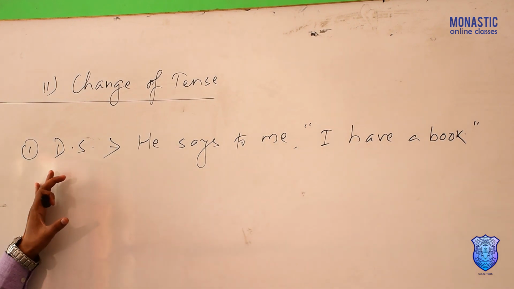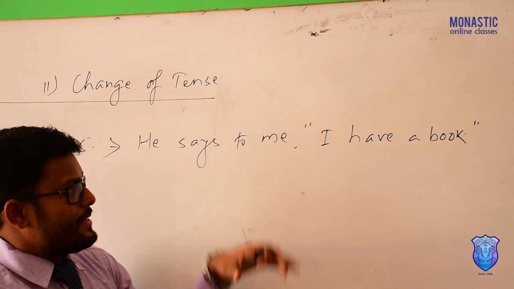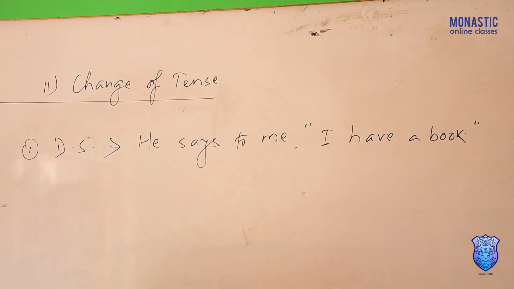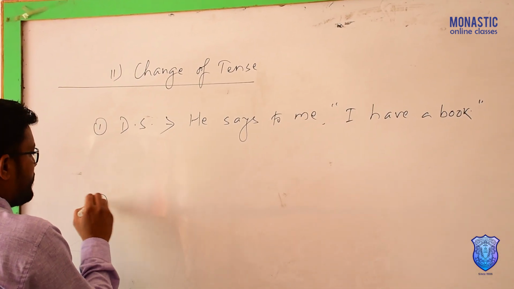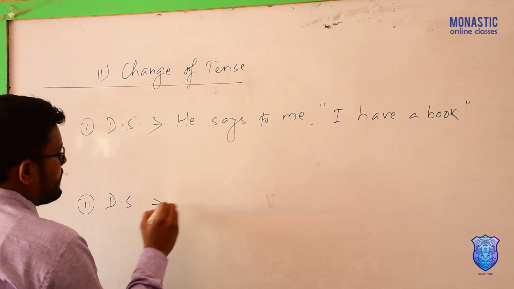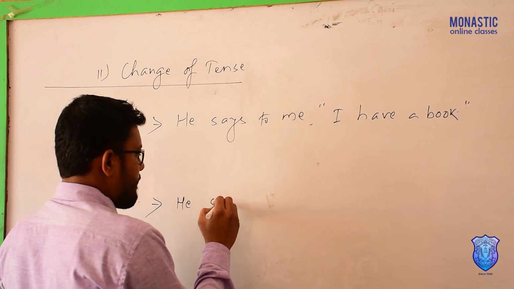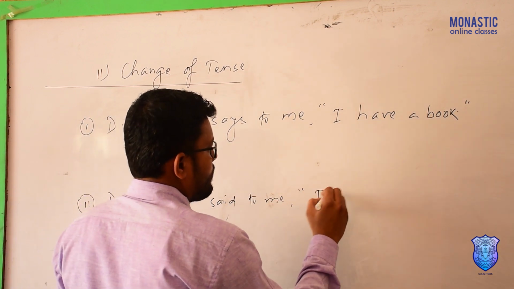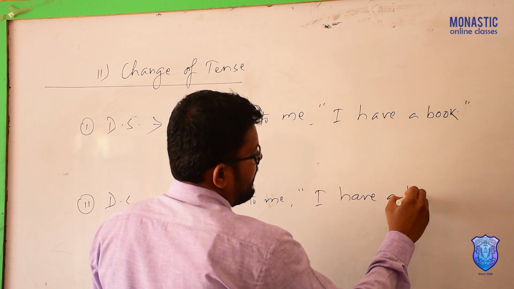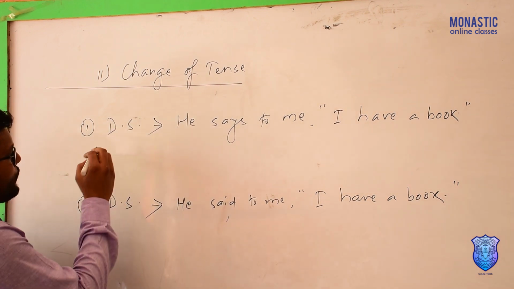Before going into the rules, I am going to make you understand the idea of what we are going to study here. The second is the DS: he said to me, I have a book. Why have I given you these two examples?